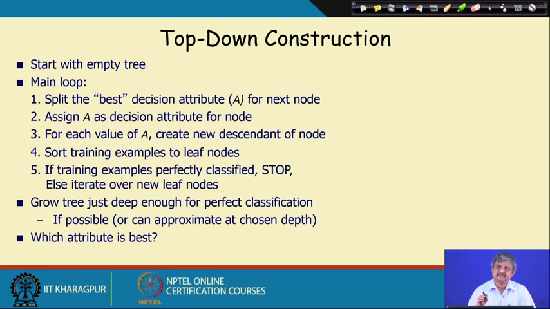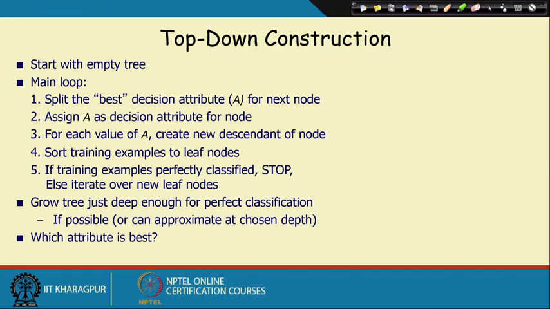Recursively split on attributes: first choose the best attribute on the entire training set, then for each of the branches individually decide what is the best attribute, where the best attribute is defined as the one whose split leads to the most information gain. And then we stop when there is 0 entropy or a pure leaf. So, that is my algorithm.